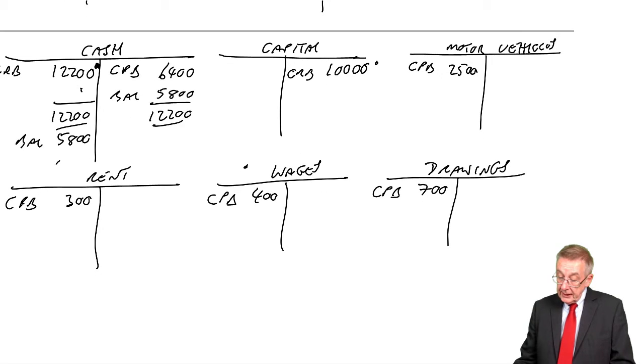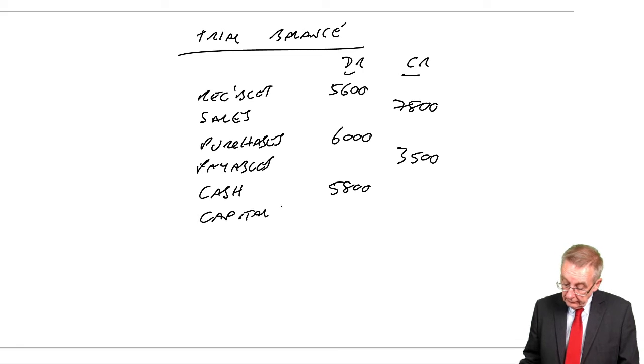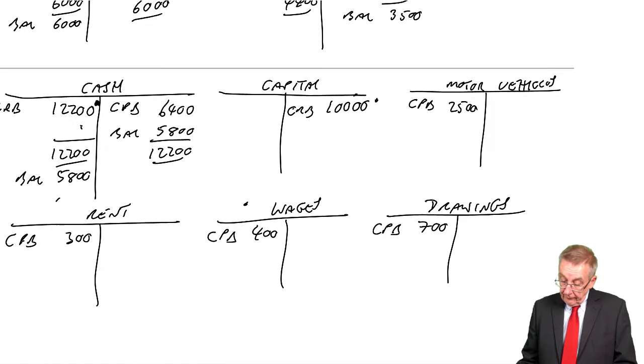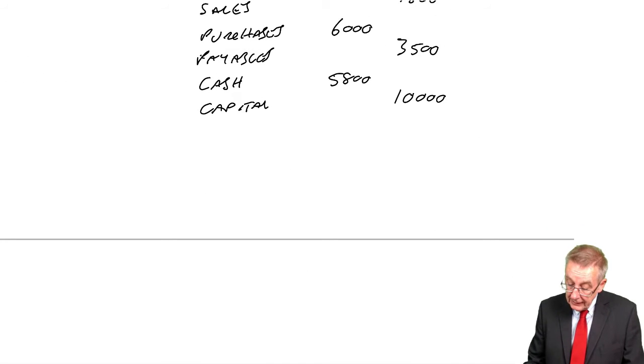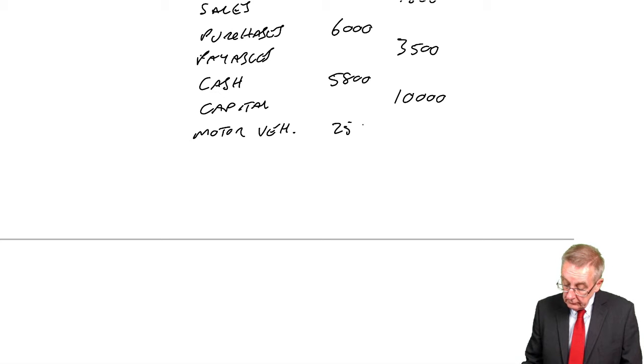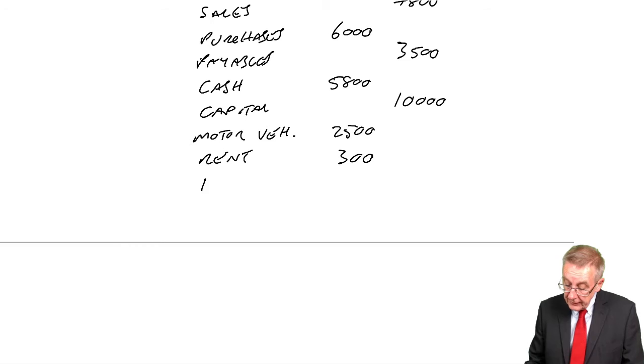Cash 5,800, capital 10,000. Motor vehicles 2,500, rent 300. And finally, wages 400, drawings 700.